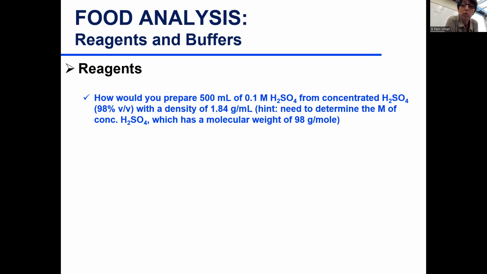What was the final volume, then? I got 10.87 milliliters. No, you probably need to go through that process of getting the molarity of the H2SO4 stock. I got the molarity as 0.18 only.